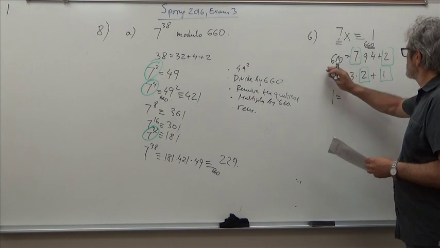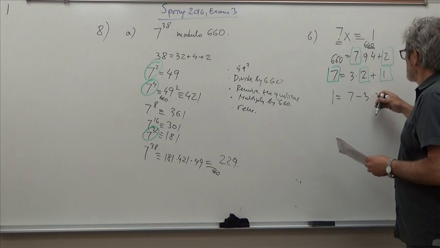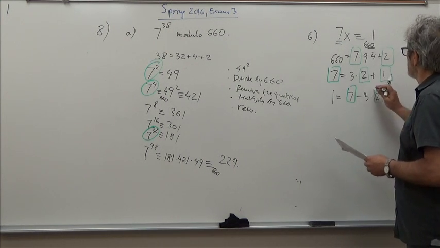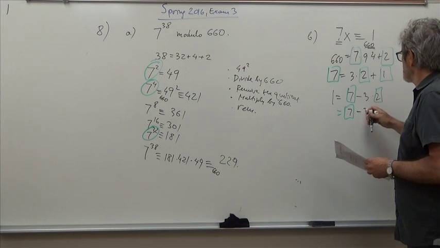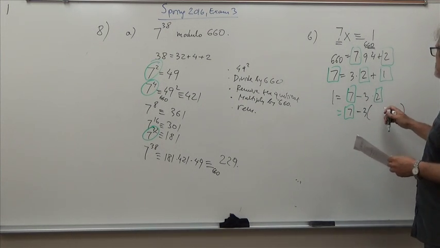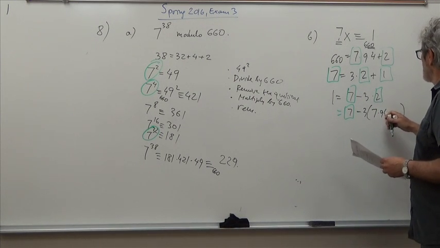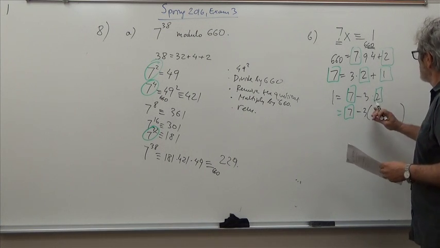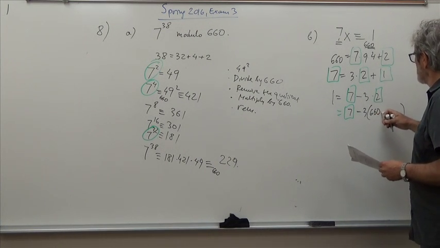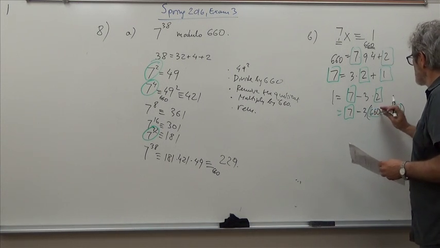1 equals 7 minus 3 times 2, these are reserved, which is 7 minus 3 times this 2, which is 660 minus 7 times 94, these are reserved.